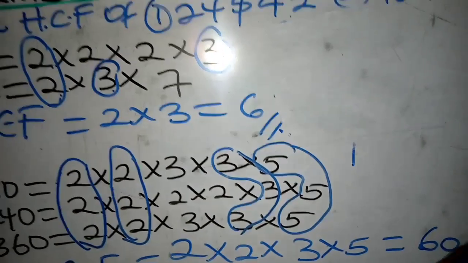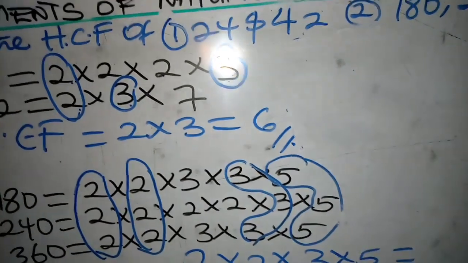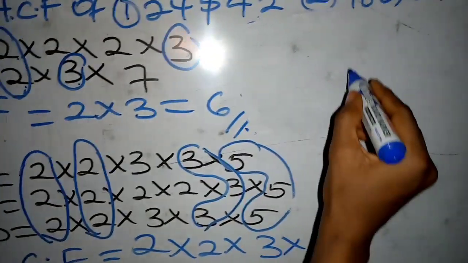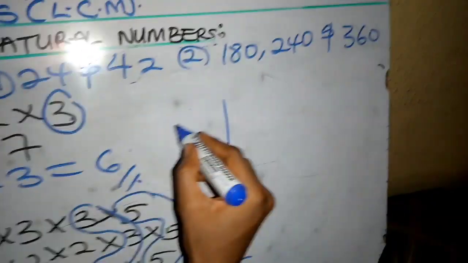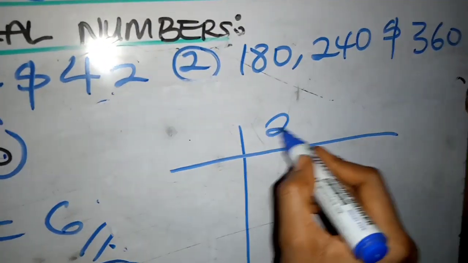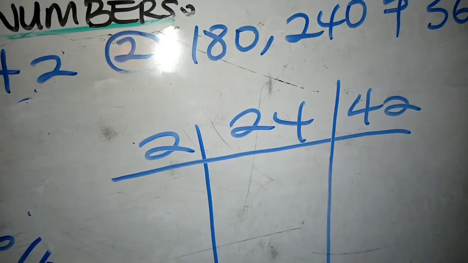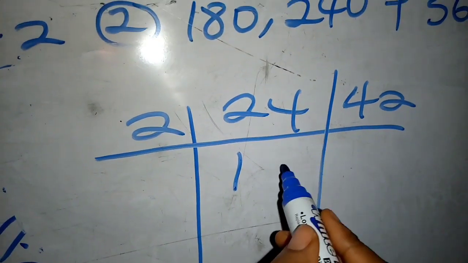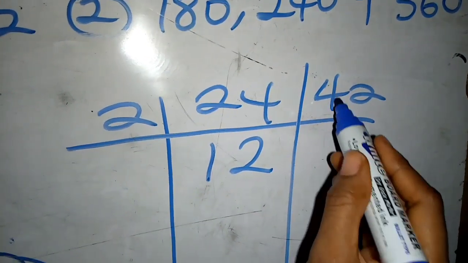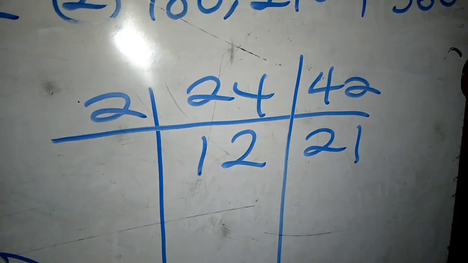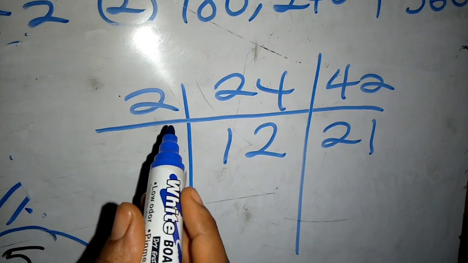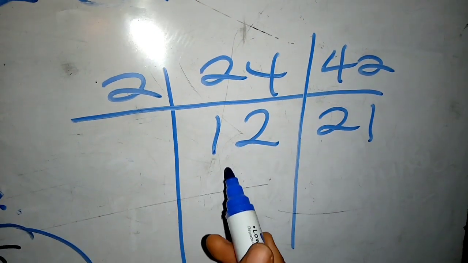Another method we can use, instead of writing this out: let me use 24 and 42. We say 2 here, that gives 12 and 21. 2 cannot go into 12 and 21.